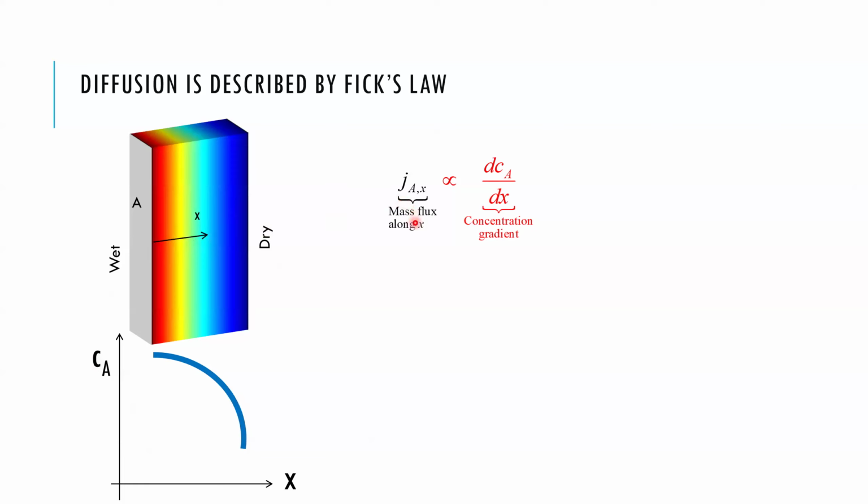So this mass flux, the rate at which stuff is moving, is proportional to the concentration gradient. Because you can see that, first of all, this is exactly the same as Fourier's law.